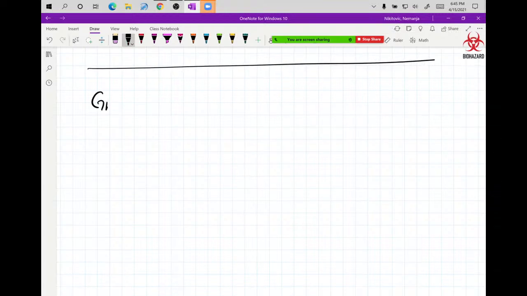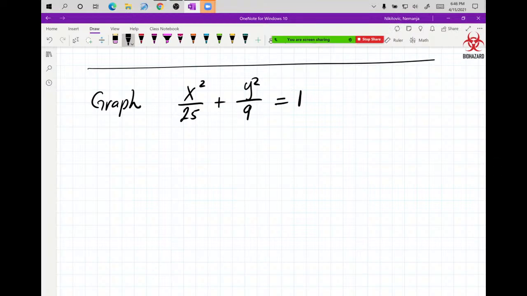So if the question says graph, and now you have x squared over 25 plus y squared over 9 is equal to 1. All I need to do is to realize that 25 is 5 squared, 9 is 3 squared. So that means that I need to go 5 for x, because look, your x squared on top is matched with the 5 squared on the bottom.